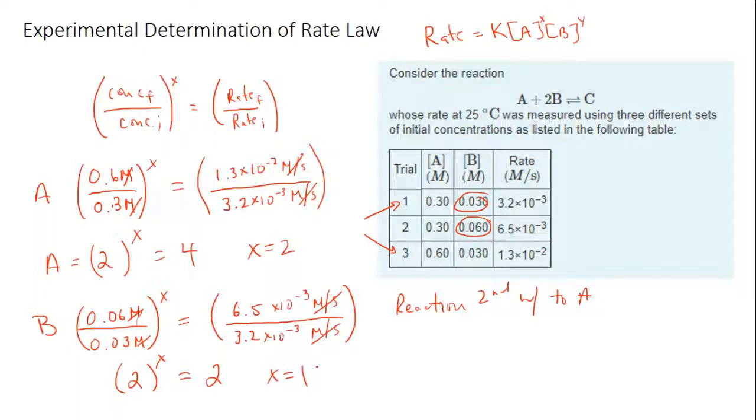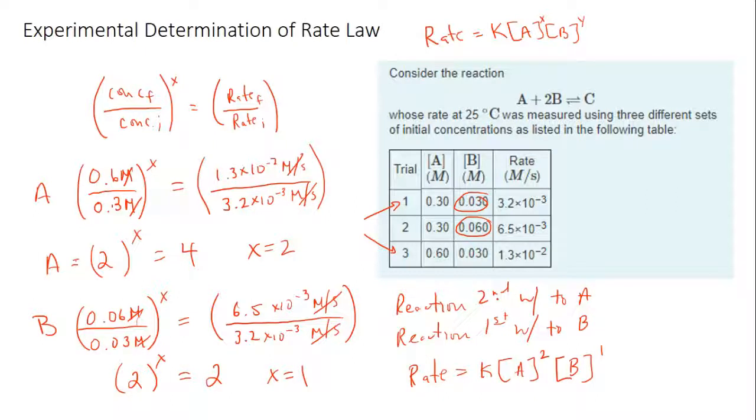And then for B, we found the exponent must equal 1, so the reaction is first order with respect to B. When we put that together for our final rate law, rate equals the rate constant times the concentration of A squared, because the reaction is second order with respect to A, times the concentration of B to the first power.